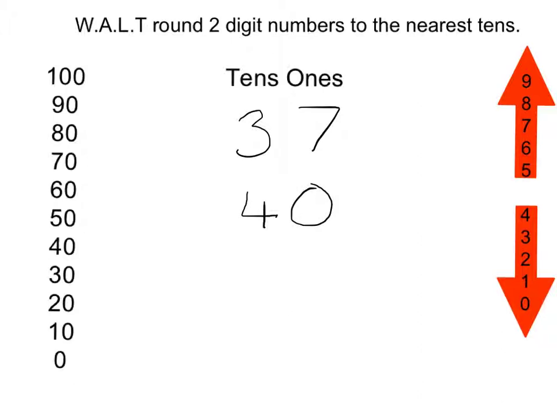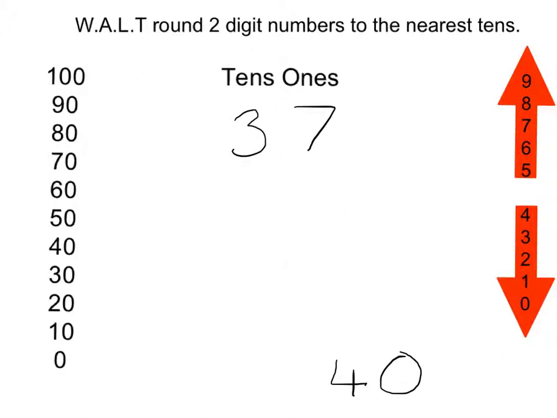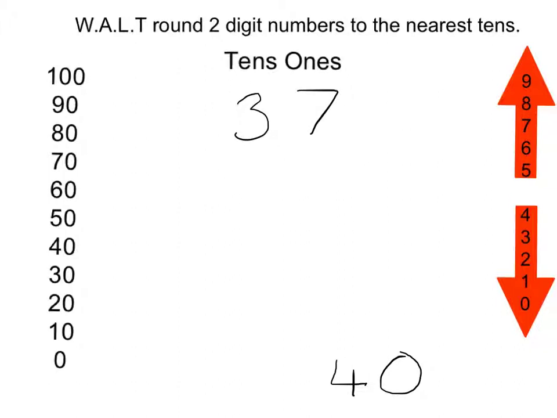You may be thinking, when do we need to round in real life? Well, that's a good question, and it's actually a really simple answer. When we go and spend money at a shop, the shopkeeper will quite often round up or down depending on the price of an item that you're buying.